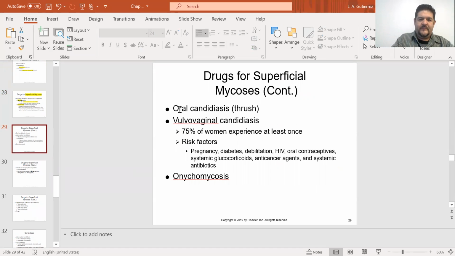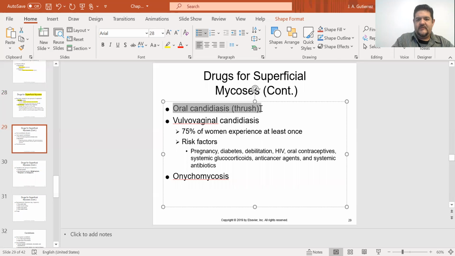Regarding Candida, thrush on babies is common. Vulvovaginal candidiasis on females, especially if the patient is pregnant or has diabetes. Those are the conditions where you're going to see it the most.